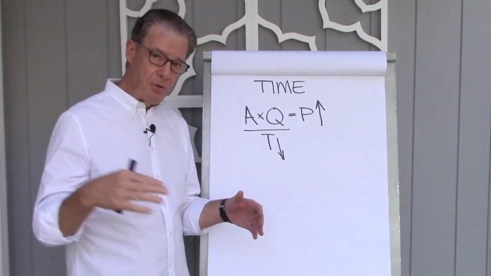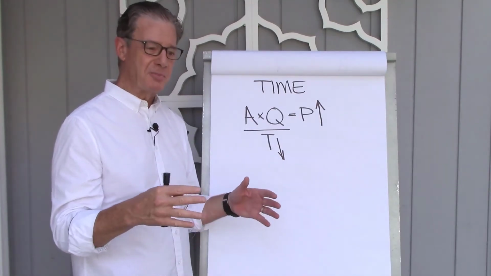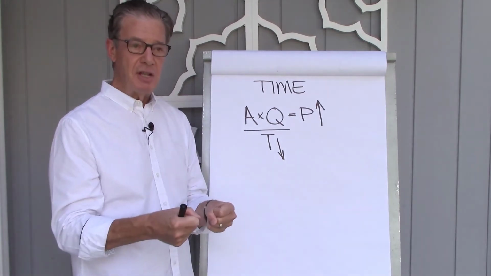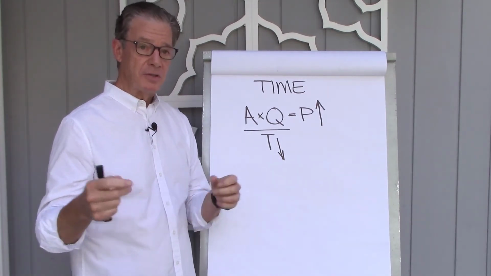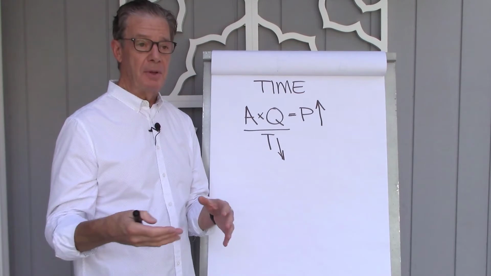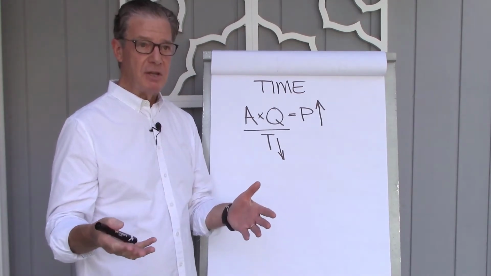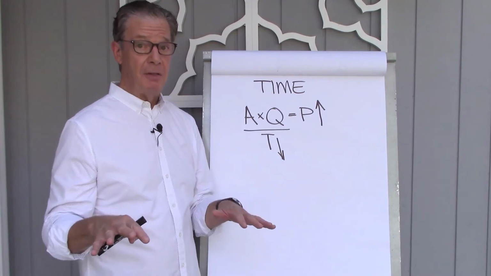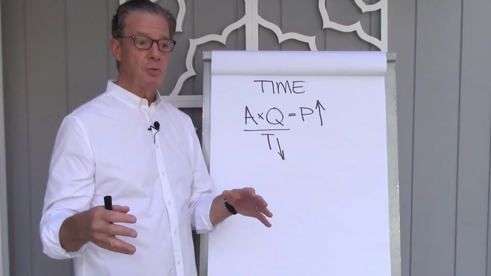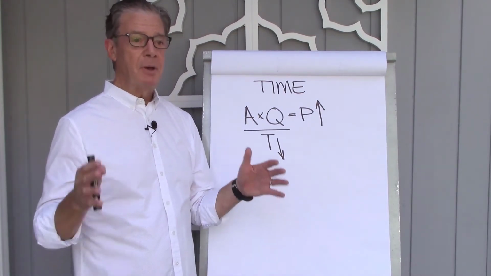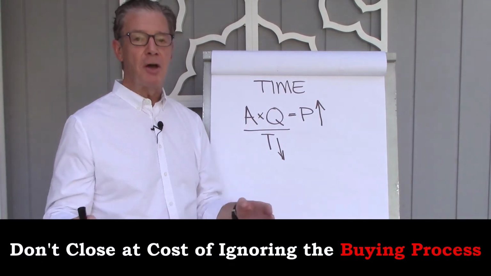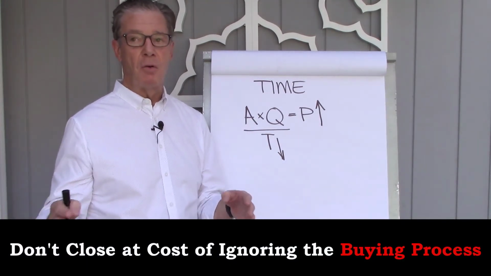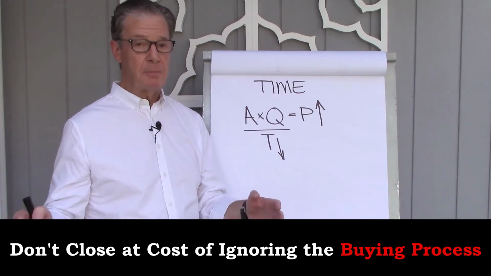A competitor could sweep in at the 11th hour, so to speak, and snatch the deal away from you, or some other event could happen to deny this deal. And so that's an absolutely legitimate and important reason to close it as soon as you can. But don't close it at the cost of offending or ignoring the buying process, okay?